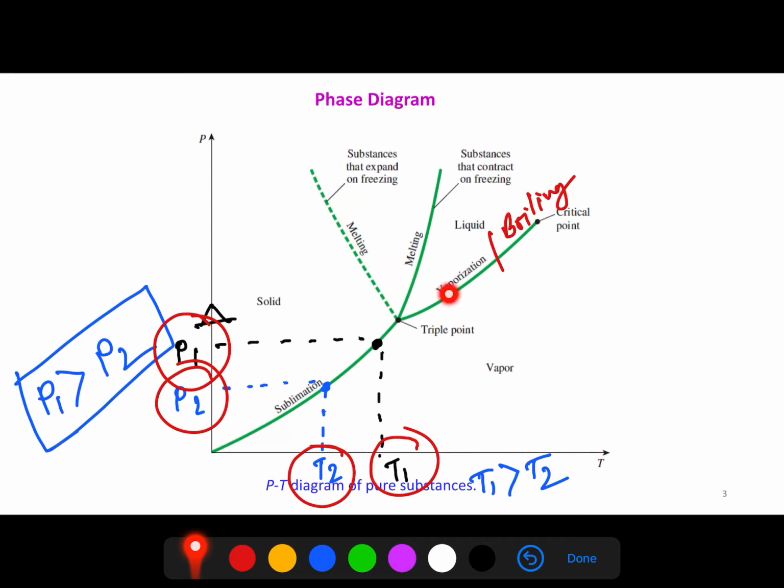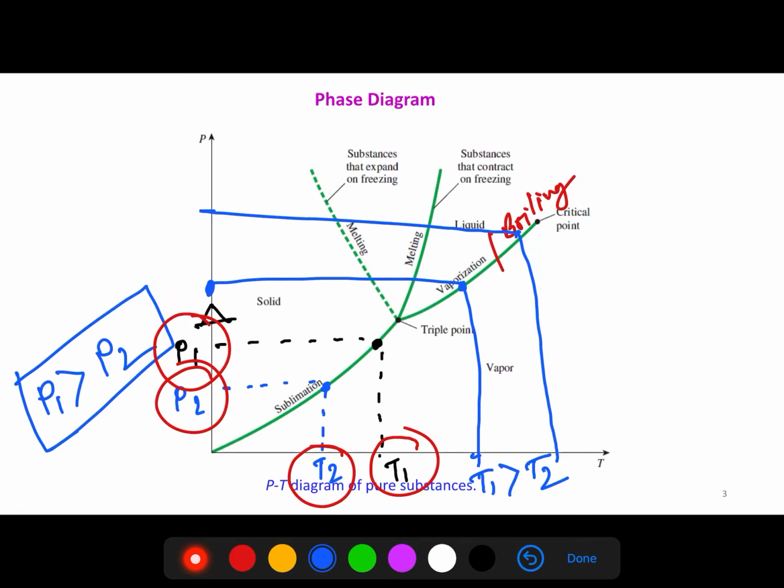If we increase the pressure more, then the temperature will increase more. So from the liquid phase to the vapor phase, if we increase the pressure, the temperature will increase during the boiling or vaporization process. So the saturation pressure will increase with the saturation temperature. That's proportional. So we understood what happens during sublimation and vaporization or boiling.